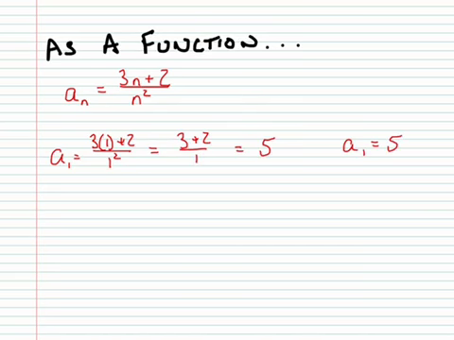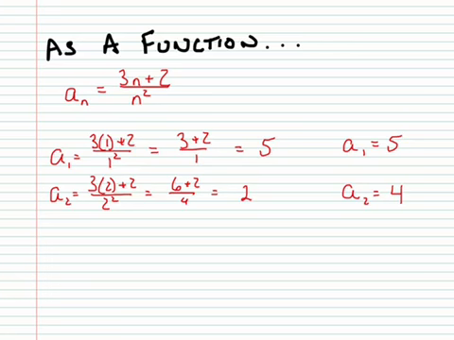We then progress to 2, simply plugging it in, simplifying along the way, and finding out what our next term is. Each term, we just continue to plug in the next integer.